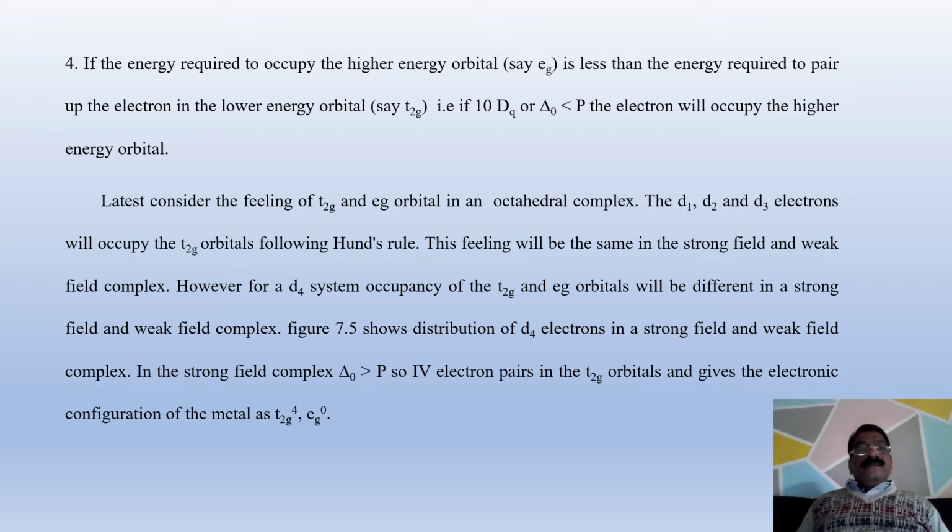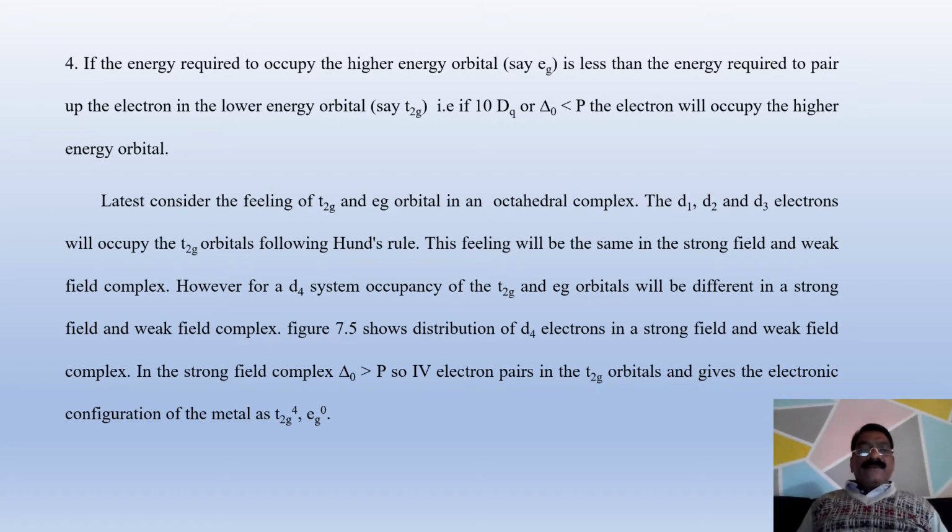Let us consider the filling of t2g and eg orbitals in an octahedral complex. The d1, d2, d3 electrons will occupy the t2g orbitals, following Hund's rule. This filling will be the same in strong field and weak field complexes. However, for a d4 system, the occupation of the t2g and eg orbitals will be different in strong field and weak field complexes.